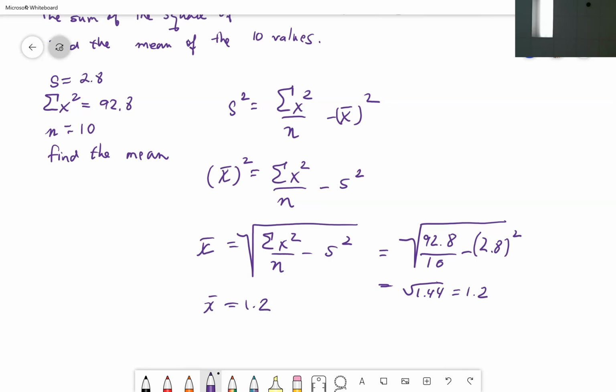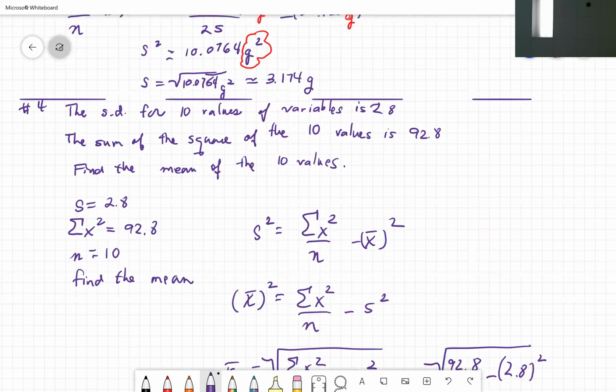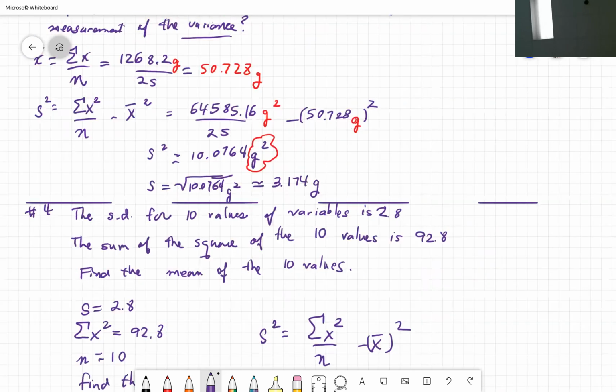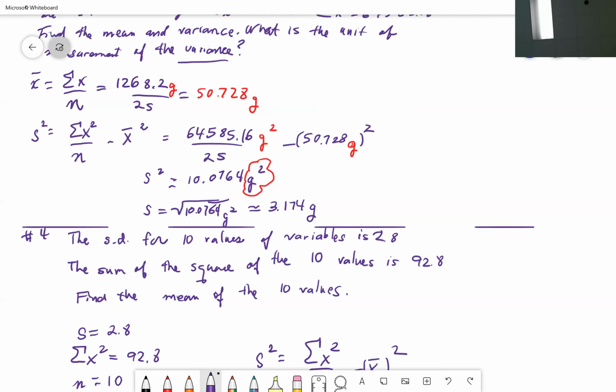I checked it. Are you sure? For what? For x bar. Yeah, I know, there's two parts to it. For the mean, yeah.